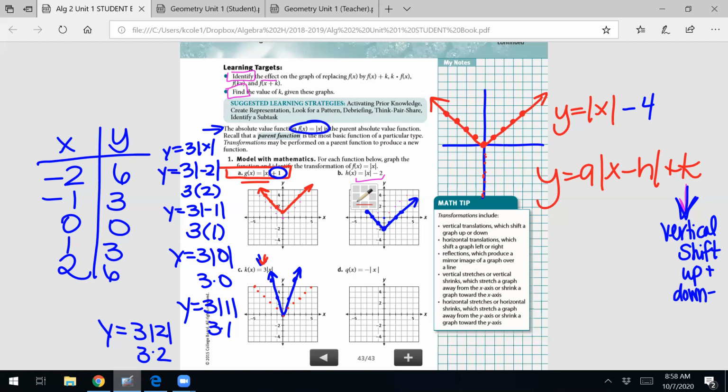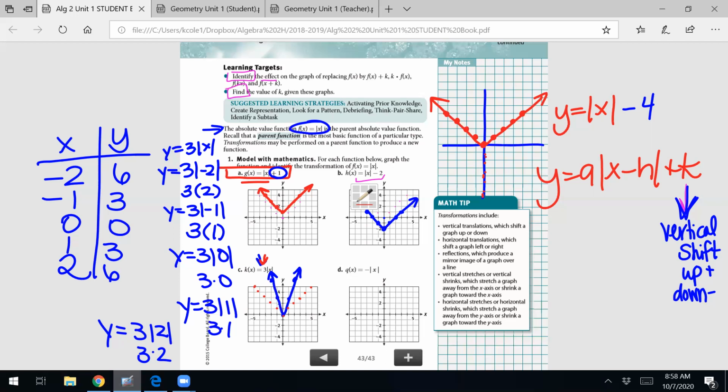Your parent function has a slope of 1. That is just your normal everyday slope. If the number is greater than 1, it becomes steeper. If the number is less than 1 but greater than 0, so it has to be a fraction, like 1/2, 3/4, or 1/4, any of those numbers are going to make it less steep.